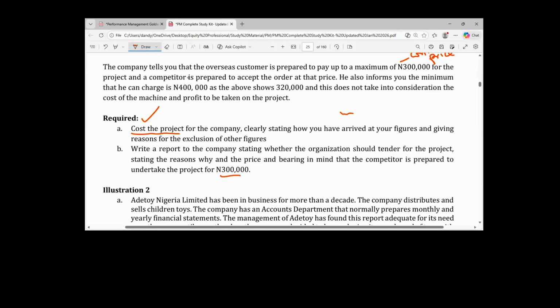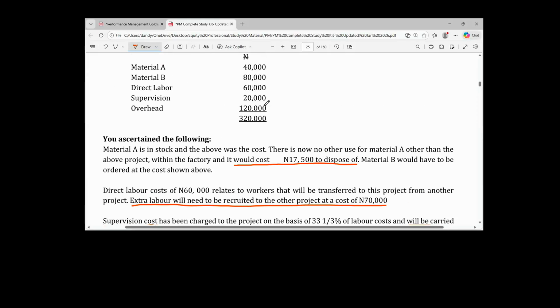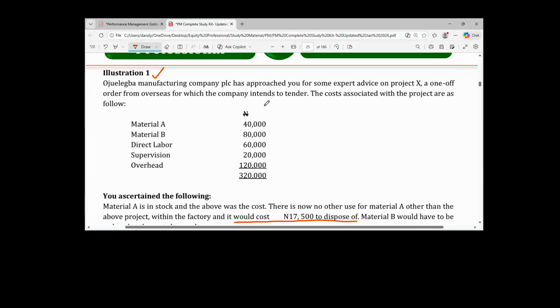So what are you supposed to do? I want to cost the project. I want to determine relevant cost. Let me stop sharing this. You can open to the question at your end. All right. So we want to prepare relevant cost. I will stop sharing this so that I can move to the working notes.